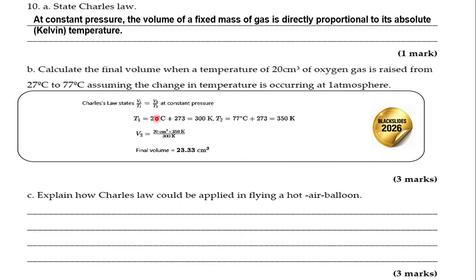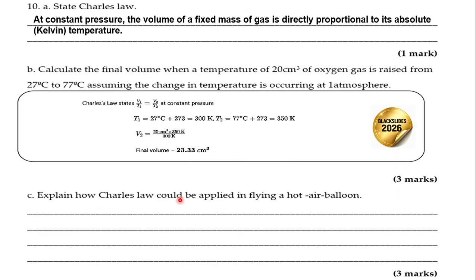So we have 27 plus 273, which is 300, and then change the 77 degrees Celsius by adding 273 again to give us 350 kelvins. Substituting in and simplifying in this equation shall give us the final volume as 23.33 cubic centimeters.